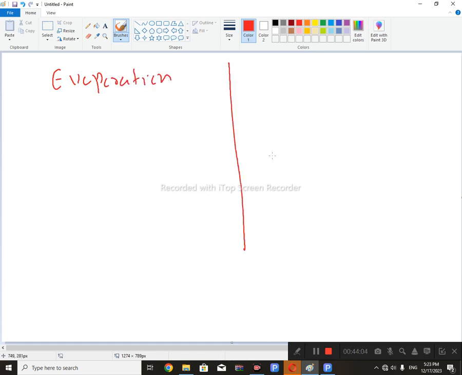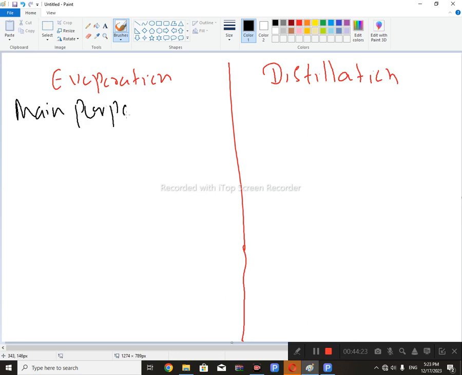Evaporation. Distillation. The main purpose of evaporation is to transform liquid into gas.